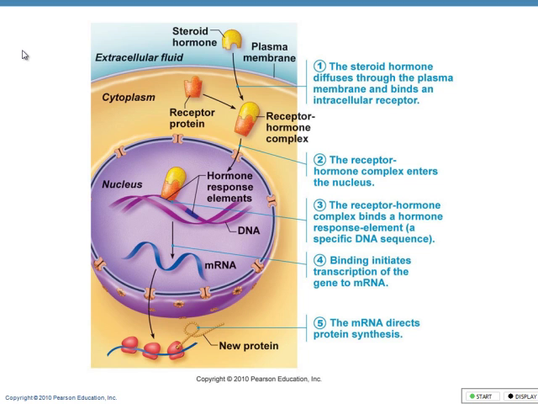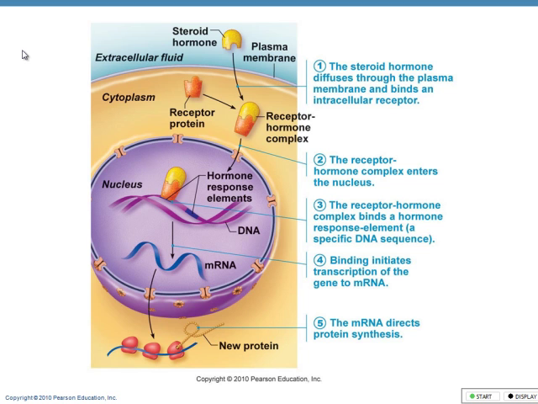So in this diagram, we see a steroid hormone, a lipid-based hormone, that can get in, must have some sort of receptor on the surface, some sort of door to let it in on the surface of the cell. Once it gets in, inside the cell, it needs a chaperone to carry it to where it needs to go. And in the case of these hormones, they're going to do their job directly in the nucleus.